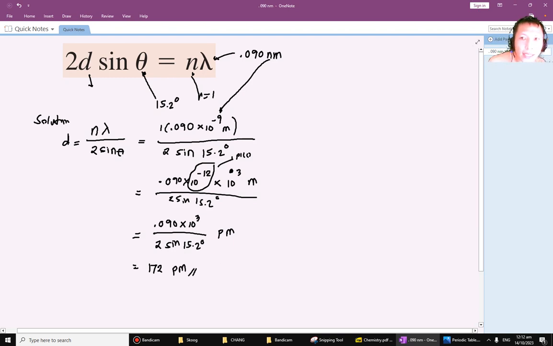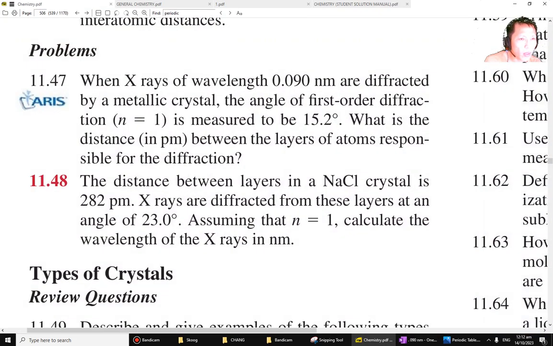So that should be the distance for the problem. What is the distance in picometers between the layers of atoms responsible for the diffraction? So meaning the layers of atoms, the nucleus itself, the distance between nucleus to nucleus of the atoms in crystals. So that's what the problem tells us.